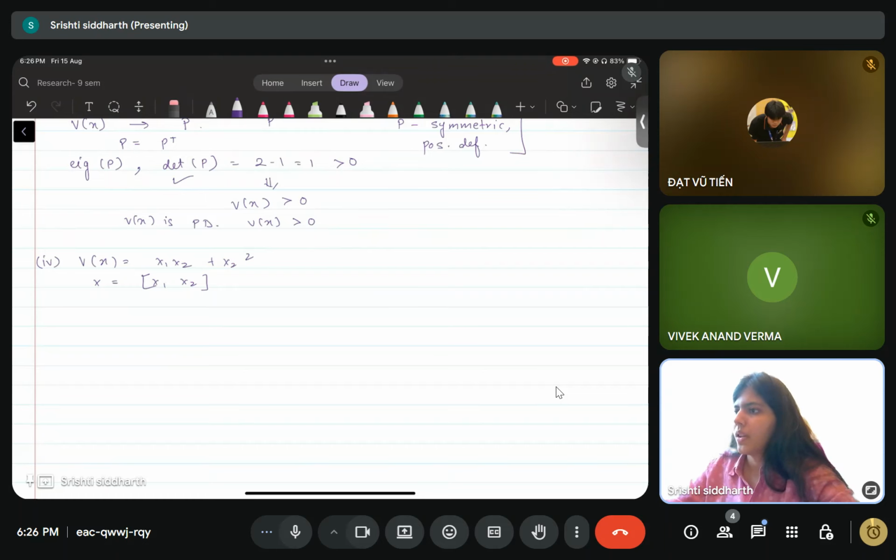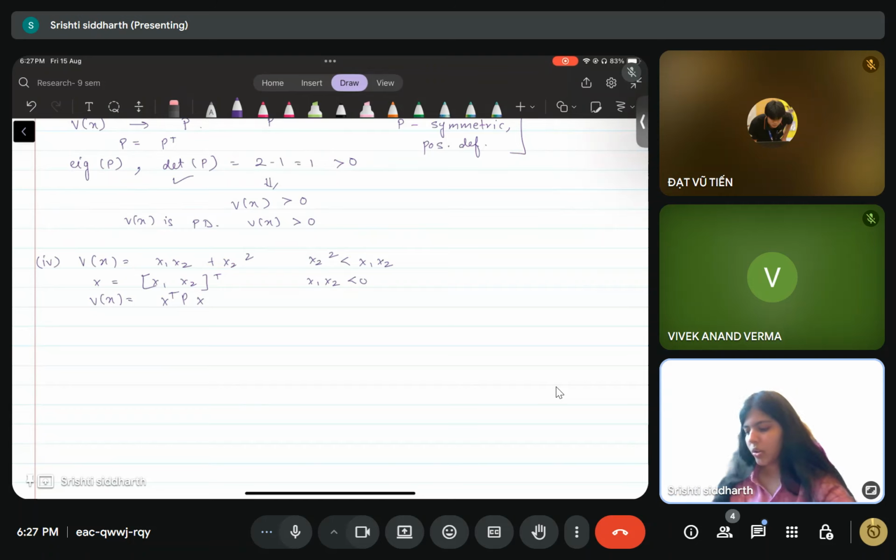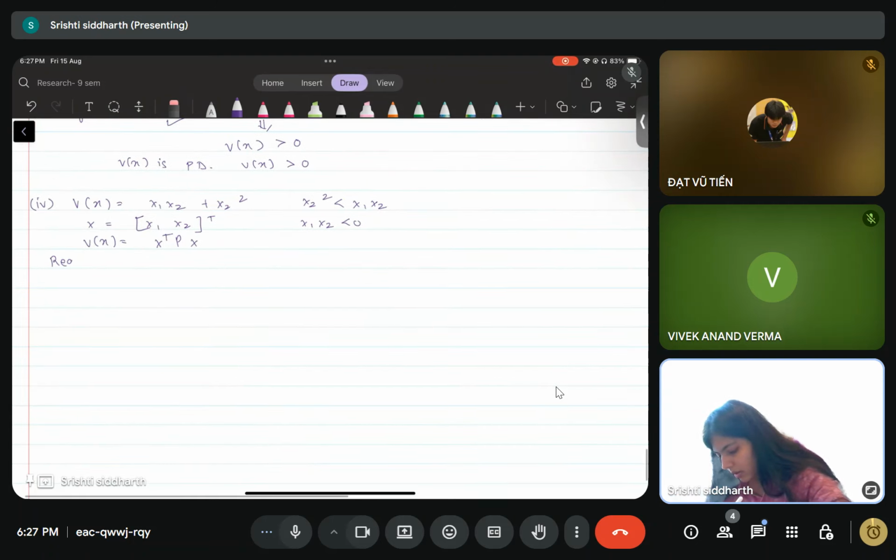To comment on the positive definiteness, we would construct some matrix P. What we can do instead is just check the region where V is positive. Because x2 squared is positive but x1 x2 could be less than 0, in that case V(x) would be negative. So let's find out the region where V(x) is positive.